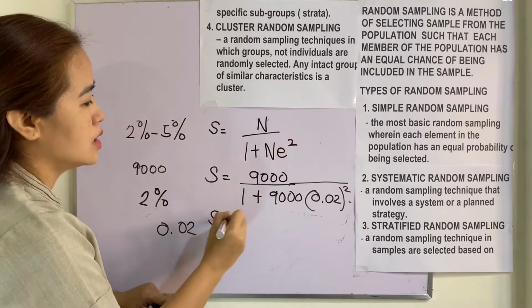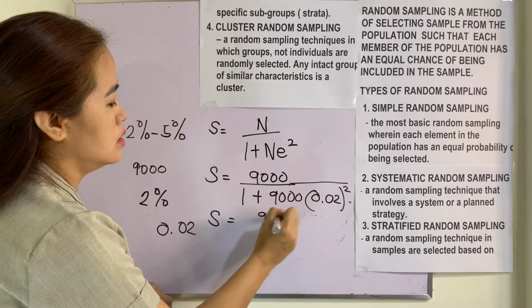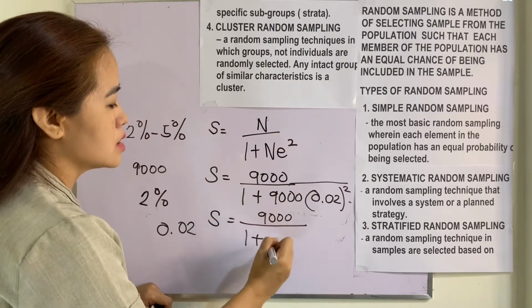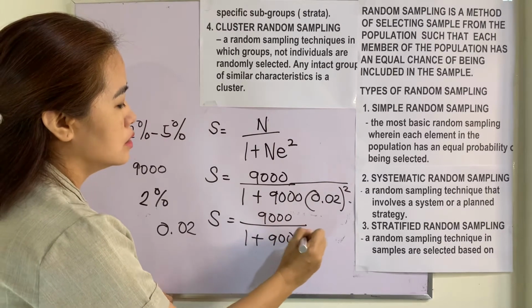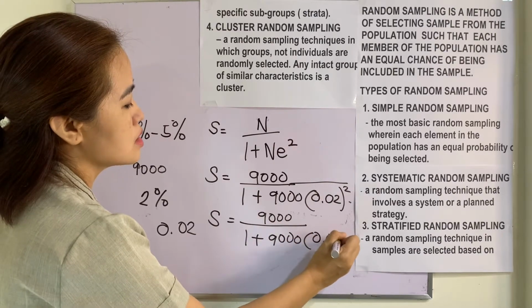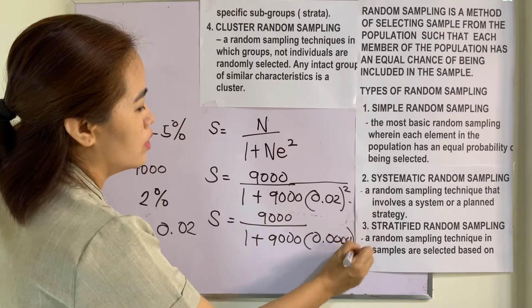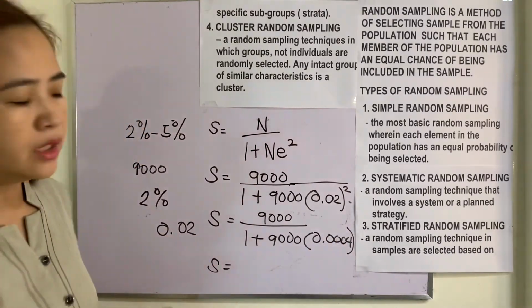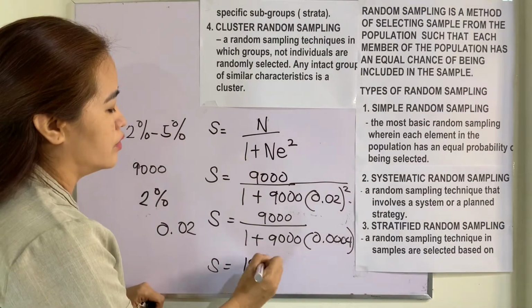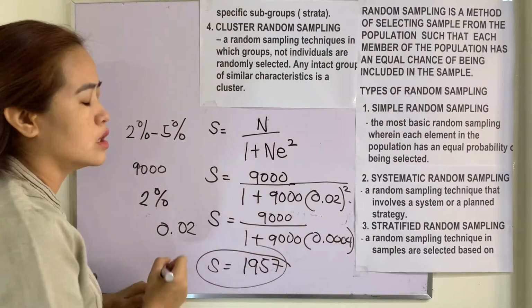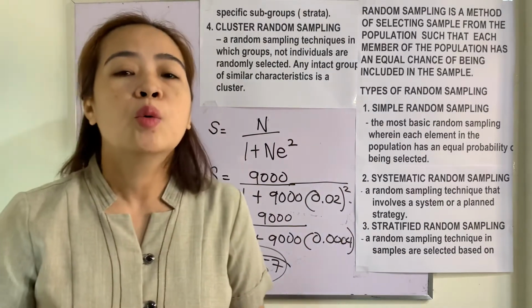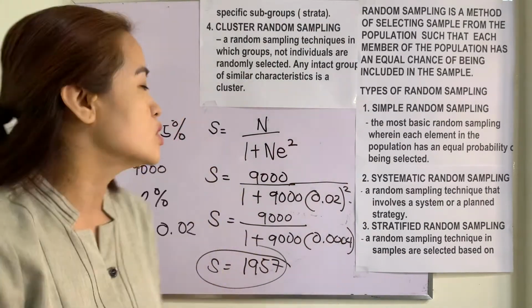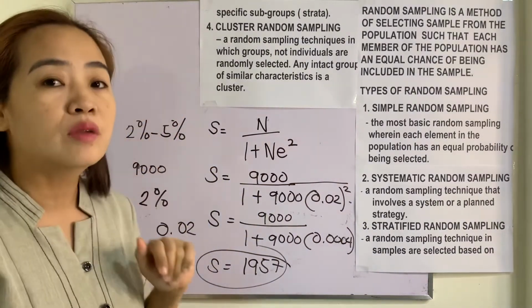So S now is equal to 9,000 over 1 plus 9,000 times 0.0004. Once you press this on your calculator, you will be getting 1,957. This 1,957 will be your samples from the 9,000 population.